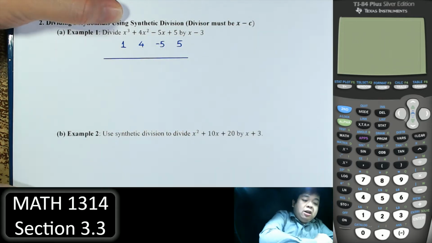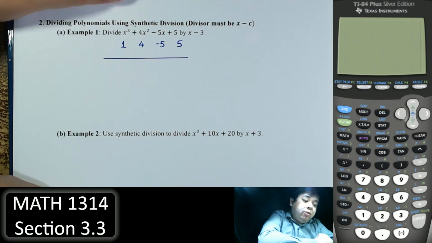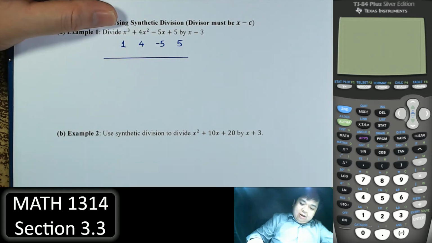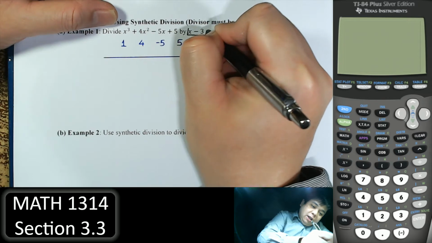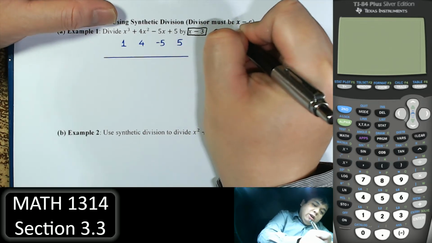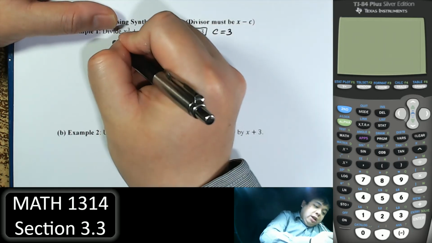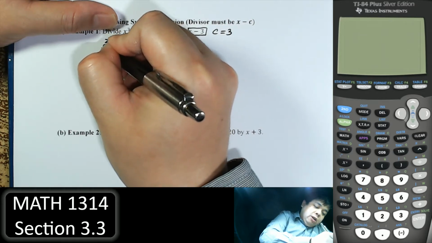If a term is missing, we have to write 0 for that term. So 1, 4, negative 5, and 5. Those are the coefficients. Now, if we divide by x minus c, in this case x minus 3, just write down what that number is. So c is 3, and I'm going to put 3 like that.